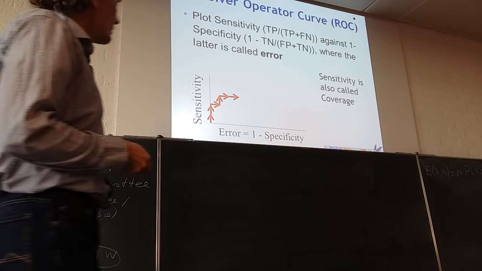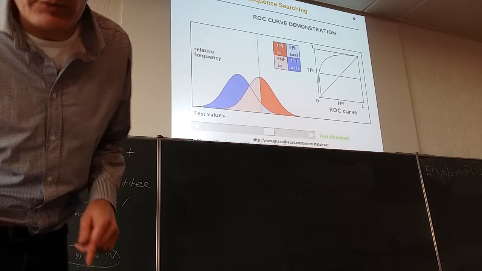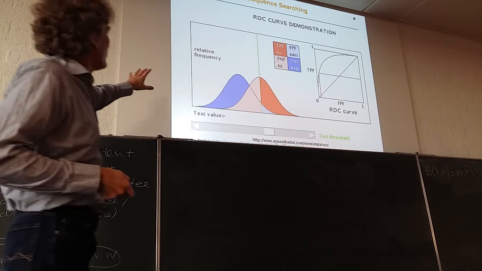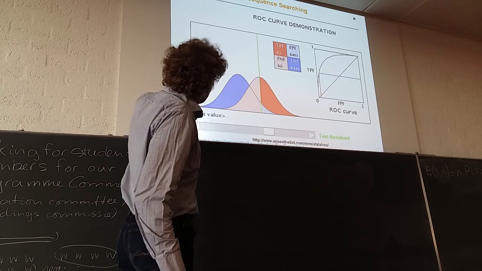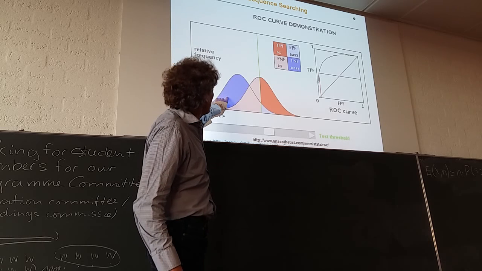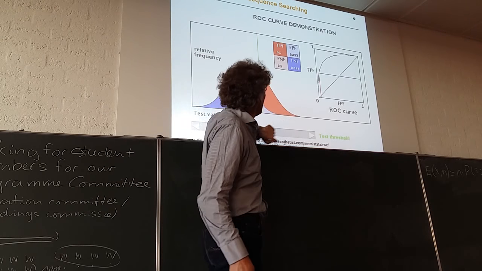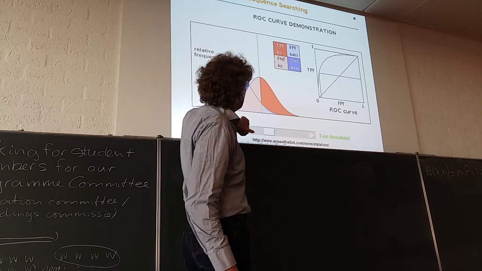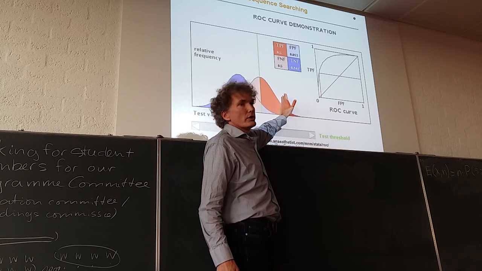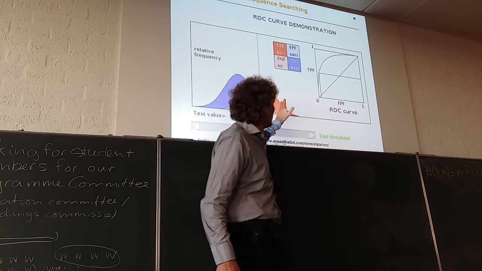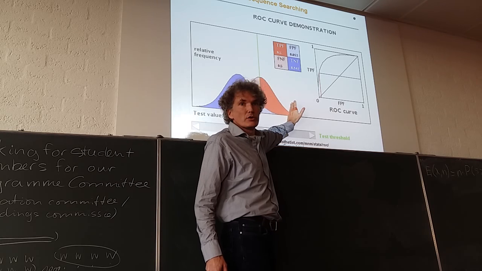Okay, so now this is a different way of looking at that. If you have your scores for your negatives being the blue distribution and the scores for your positives being the red distribution, and you set your threshold, then for any given threshold you get a different mixture of positives and negatives, right?